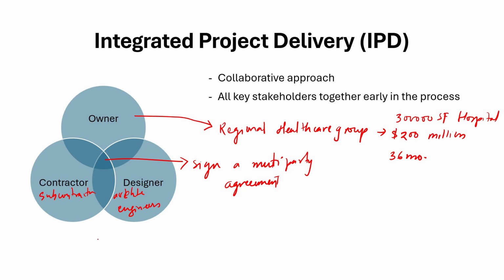There will be open communication and information sharing that prevents adversarial relationships and disputes. The completion and handover is like the hospital is delivered on time, within budget, and meets all the performance goals. A post-construction review is conducted to analyze the team performance.